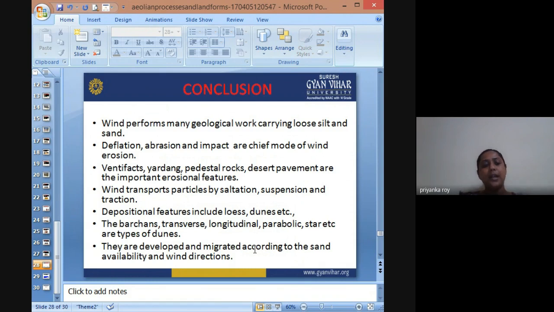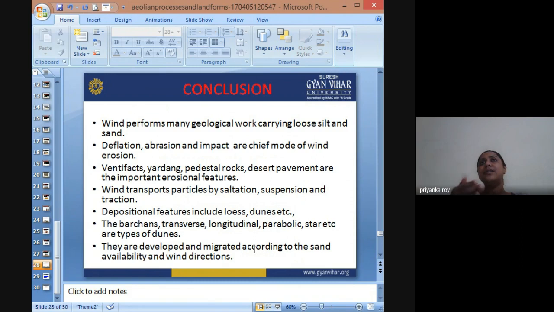Now, these are well developed and migrated according to the sand available and the wind direction in that region. If you go to Rajasthan, the Jaisalmer region, there is only a particular area where you will come across big sand dunes.